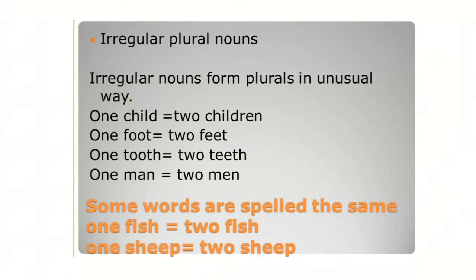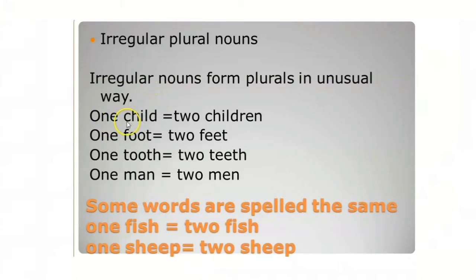We will move now to irregular plural nouns. شو يعني irregular plural nouns؟ Irregular plural nouns هن nouns بالجمع but they don't follow the rules. That's why I call them irregular. ما بيتبعوا القواعد. Irregular nouns form plurals in unusual way. ما عندي قاعدة as I said.